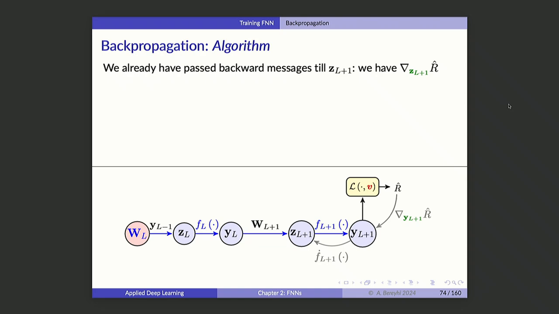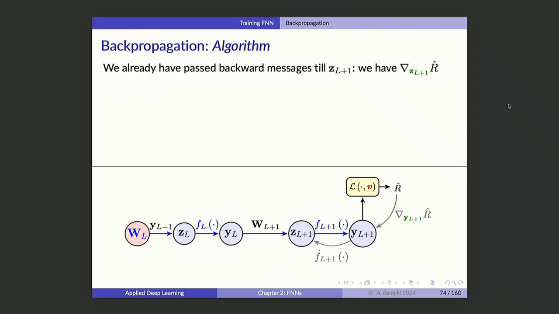Now, this guy, YL, is getting to ZL plus 1 by getting multiplied with WL plus 1. How can I move backwards here? I just move with WL plus 1 forward.